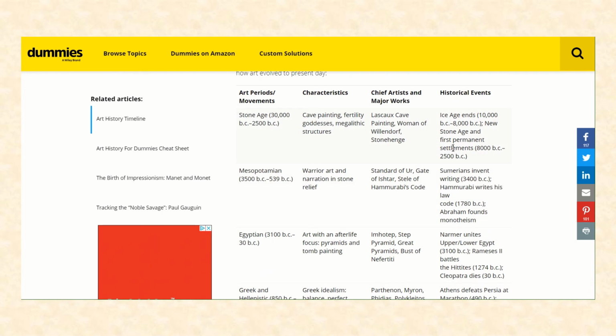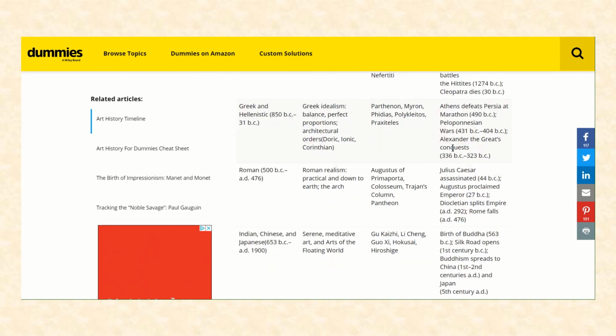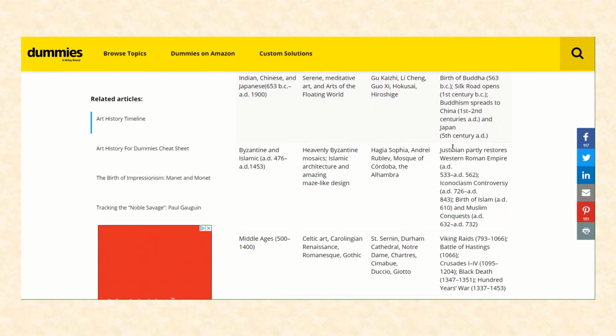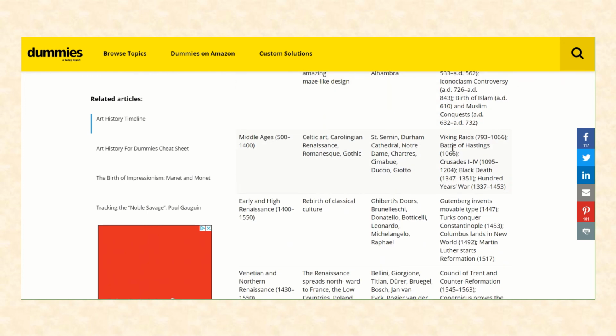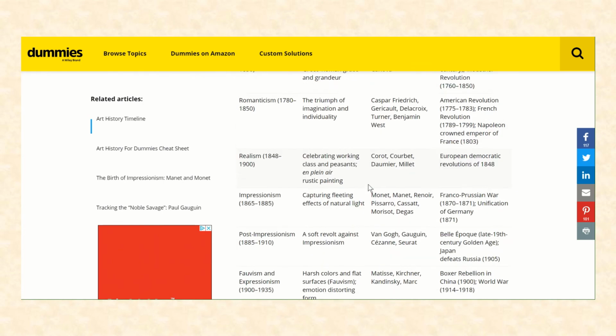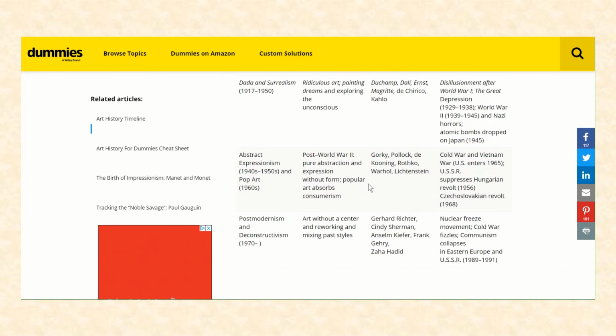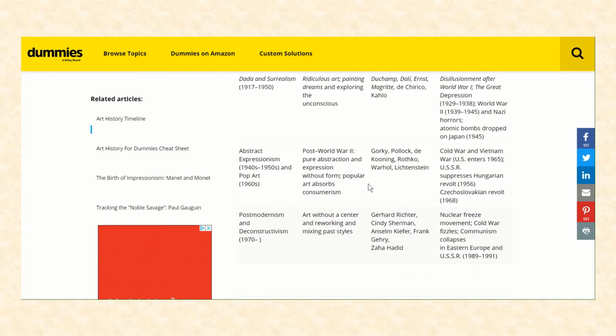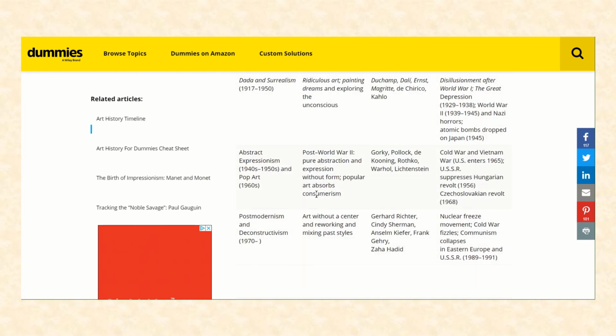Notice they've broken this down into more periods and went deeper in here and much more thorough than we did in our presentation. Traveling through the Romans, the Byzantine, here's the Middle Ages, medieval period, Renaissance, and so on. And you can see a whole lot of valuable information here as you travel through, going right to the postmodern era.